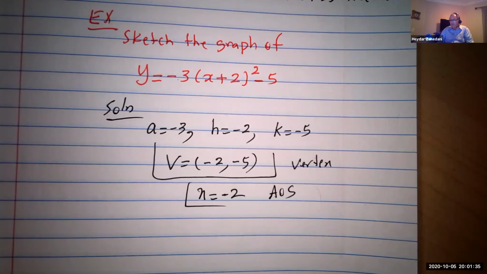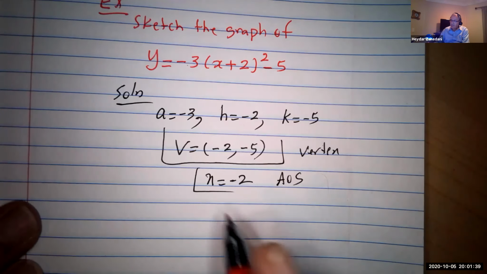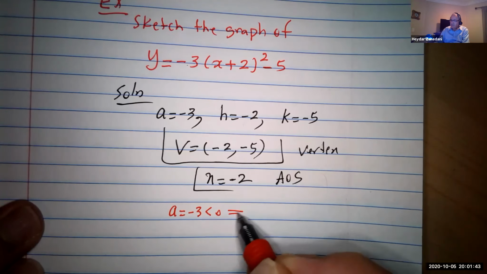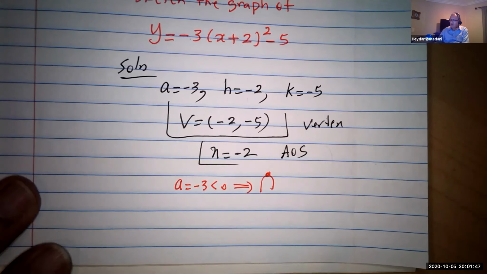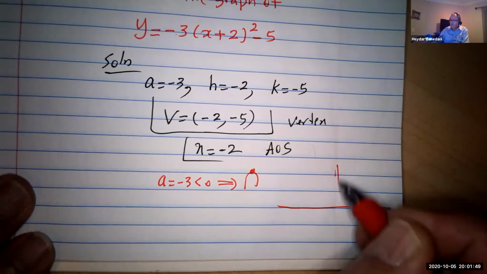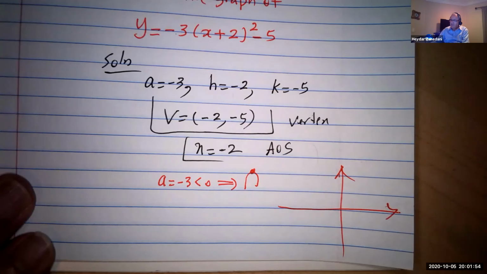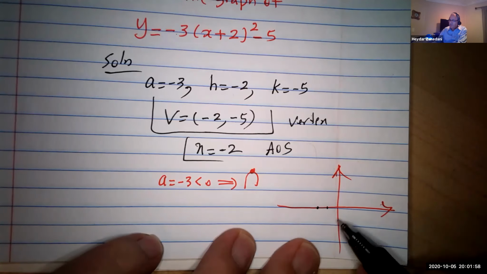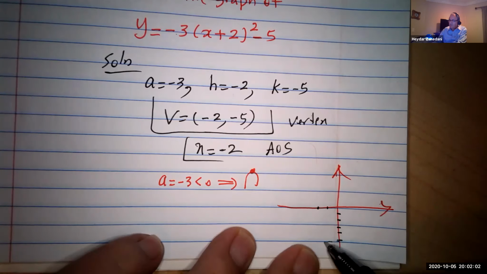You want to graph? Preview the graph first. You see, a is negative. Negative means it opens downward. So how are we going to graph it? Graph the vertex first. Vertex (-2, -5): -2 is 1, 2, and -5 is 1, 2, 3, 4, 5.